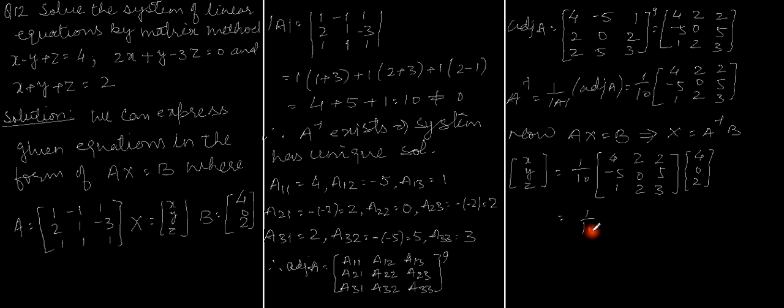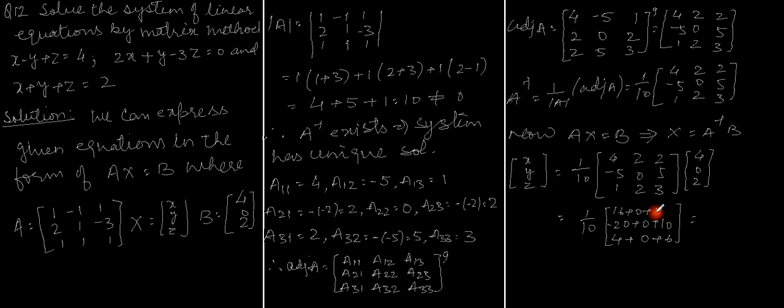Then we find the product here. So 1 upon 10, and we find the product of the first row and first column: 16 plus 0 plus 4. Then the second row, first column: minus 20, then 0, then plus 10. Third row, first column: 4 plus 0 plus 6.